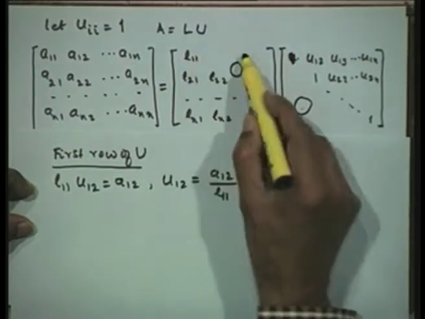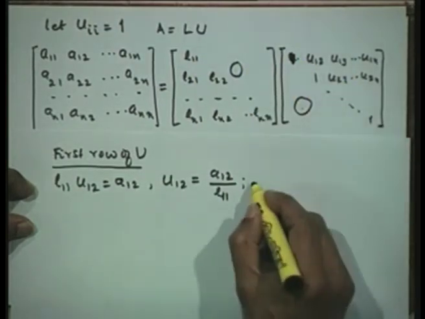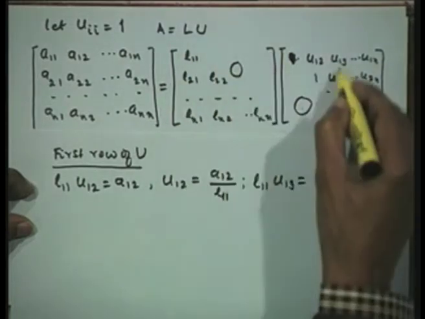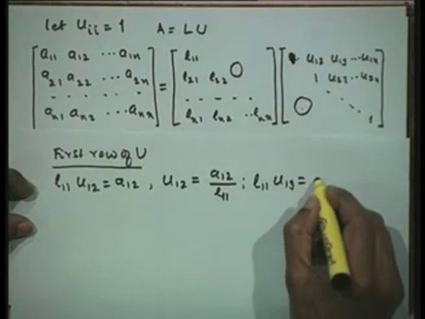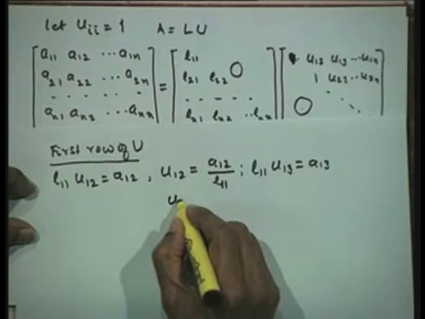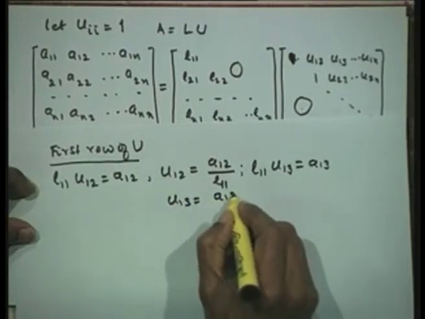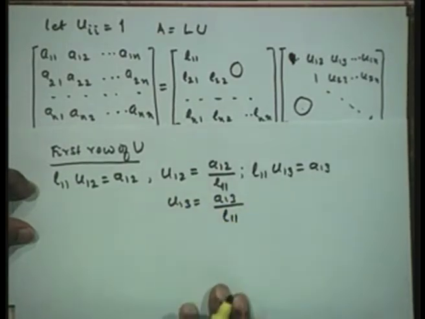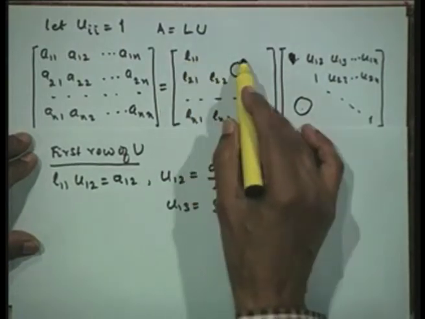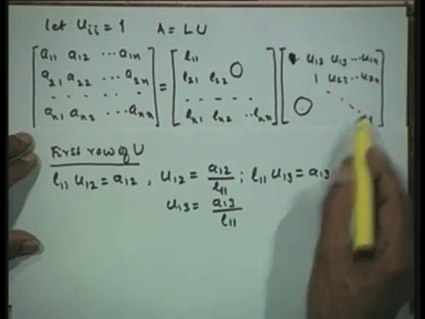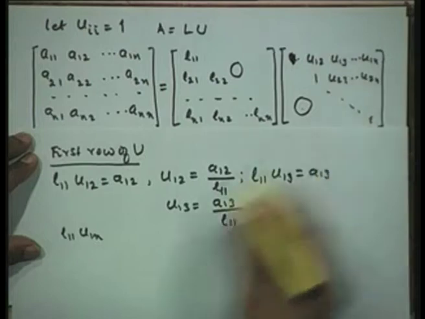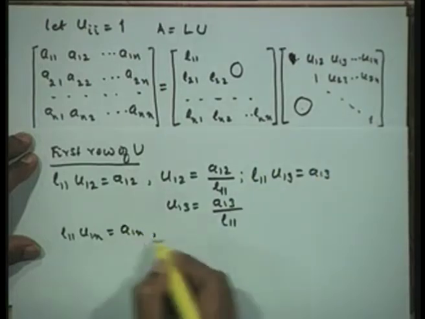Then I multiply the first row with the third column, that gives L11 into U13 equal to A13. Therefore, U13 is A13 by L11. The first row multiplied by the last column gives L11 into U1n equal to A1n.